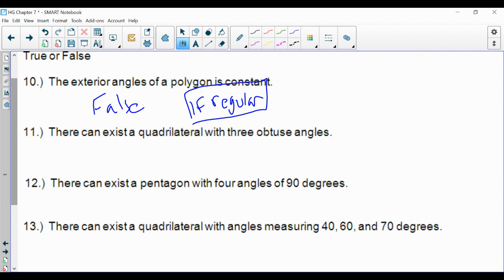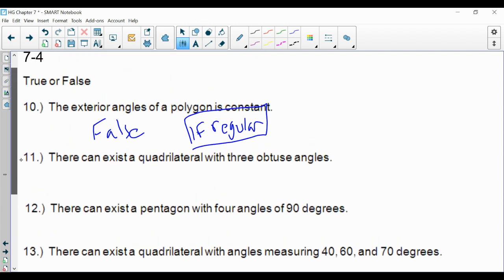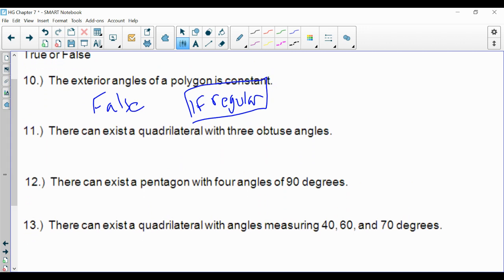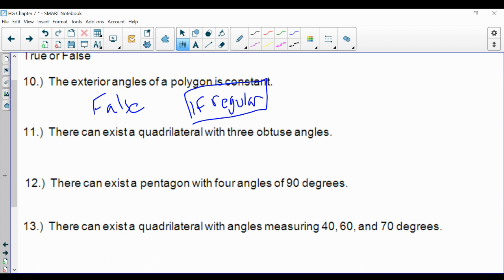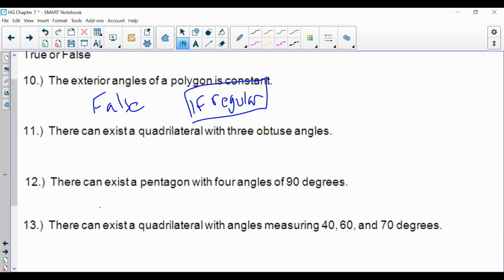So 11. Did I count wrong before? Yeah, I did. There are only 4 questions here. There can exist a quadrilateral with 3 obtuse angles. So this one is just saying there can exist, so you don't have to think about all quadrilaterals. You just have to come up with one, and you can even try drawing it. We have an obtuse angle that's then connected to another obtuse angle.